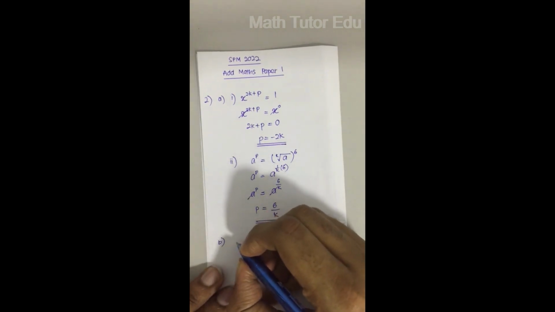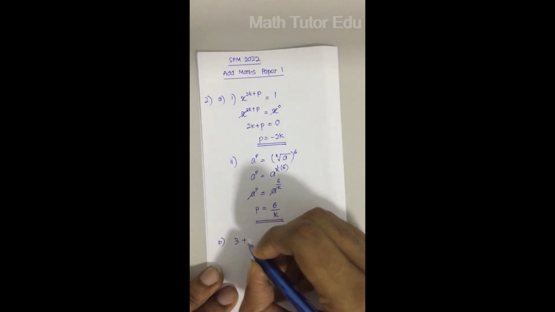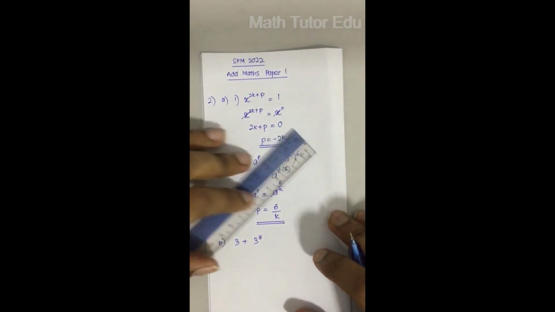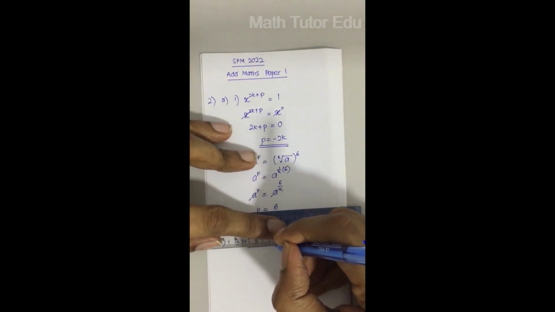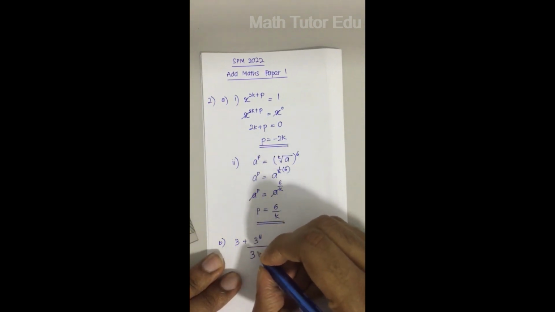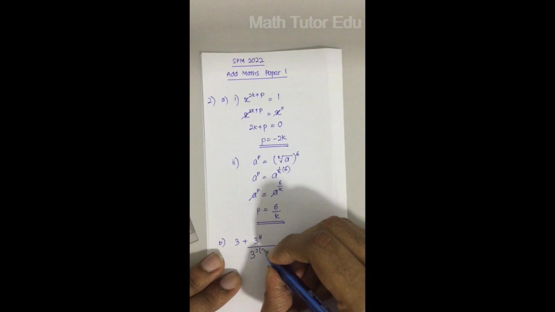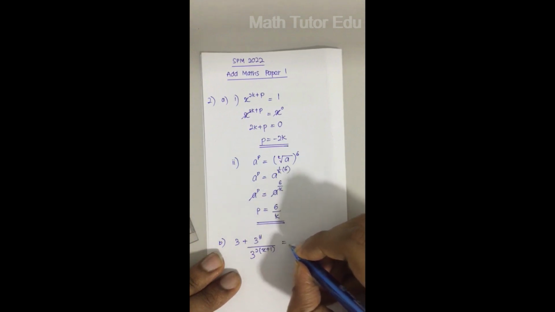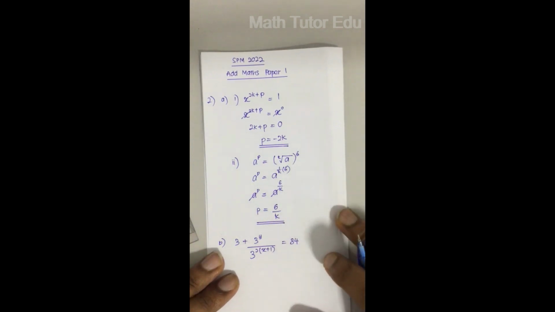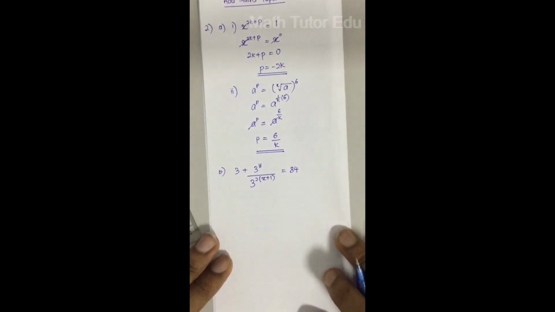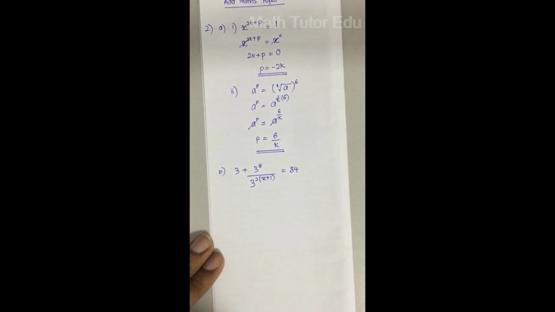Given that 3 plus 3 to the power of y, then divide by 3 to the power of 2 in the bracket x plus 1 close bracket equals 84.